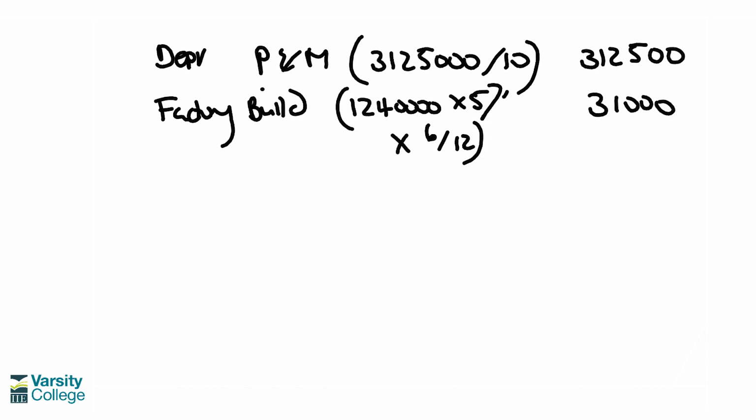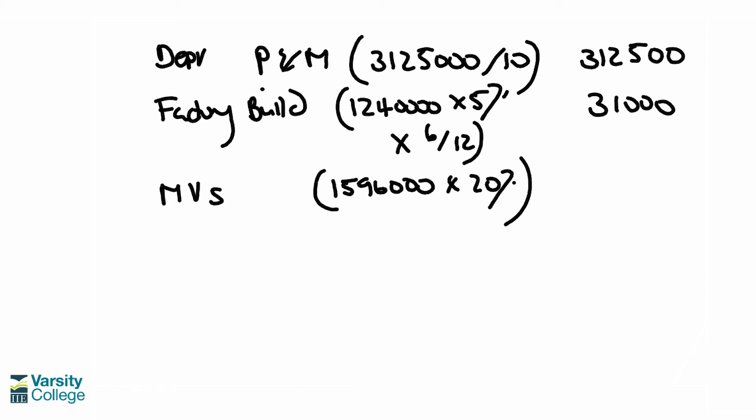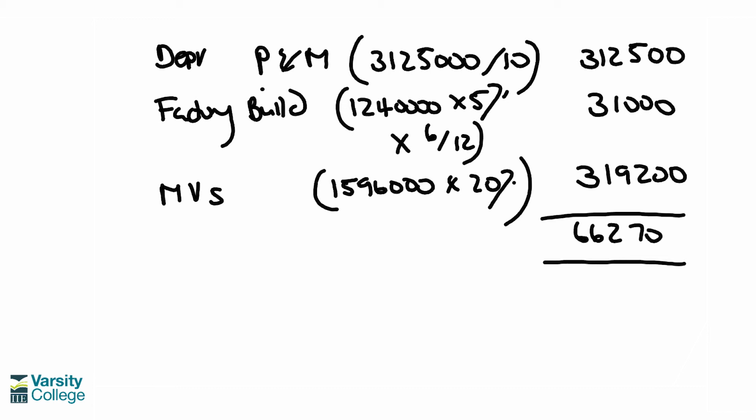And lastly, the motor vehicles cost, including VAT, 1,596,000, and multiply by 20%. It was a full year, so no apportionment. So 319,200 is motor vehicles, and that gives us a total depreciation of 662,700.